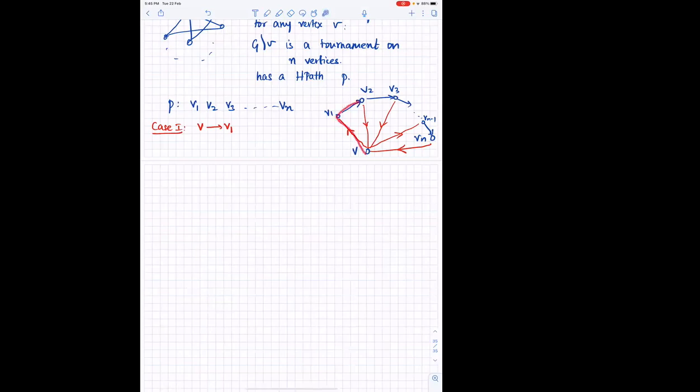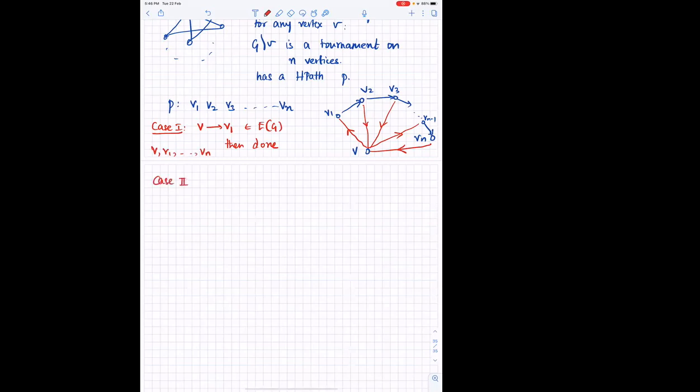You can just do this, right? This is a Hamiltonian path. So if this edge exists in the graph, then you're done. V, V1, and so on to Vn is the Hamiltonian path.